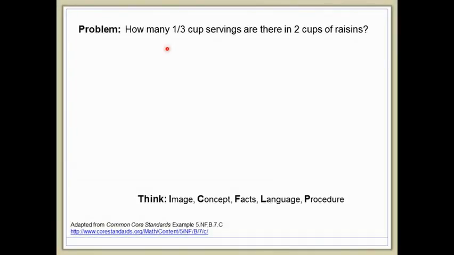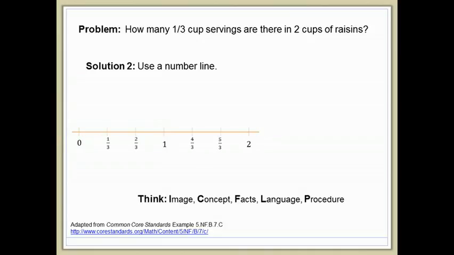So here's our problem again. How many 1/3 cup servings are there in 2 cups of raisins? This time we'll be a little bit more abstract than the area model and use a number line. To do this, we'll represent our 2 cups of raisins as this section of a number line from 0 to 2. And our 1/3 cup serving then would be 1/3 of one of these cups. So we need to split the number line up into thirds and look at 1/3 as 1 serving.